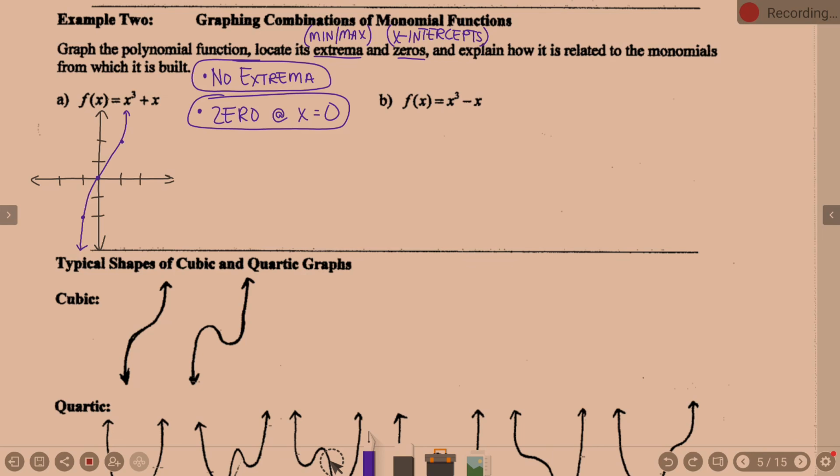Okay, so let's see. What I'm going to write here when it says explain how it's related to monomials from which it's built: overall shape is much like y equals x cubed, but near the origin, the shape is more like y equals x. Okay? So that's the information I'm going to write here.